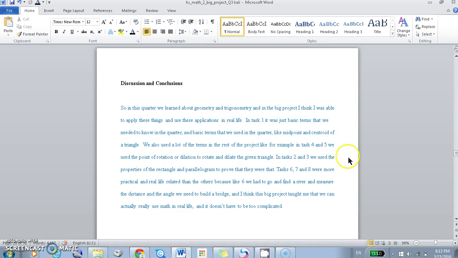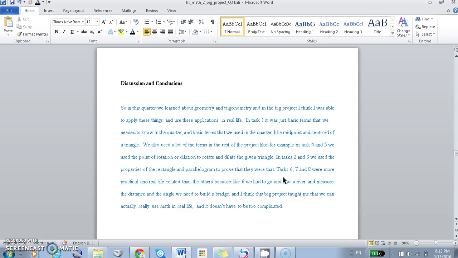So basically, in this quarter, I think we learned to use geometry and trigonometry in real life, like for building a bridge. We had to actually go to the river and find the distance from our starting point to the end point, and then find the angle and calculate everything realistically.